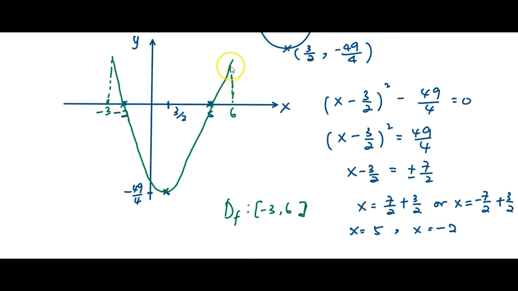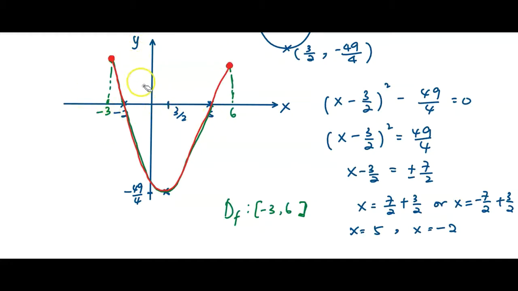This is 6. So we just cut our graph at these 2 points, and then now I'm going to highlight the graph that I want to remain. Use the dark circle to mark the point. Then the excess we can just erase off.